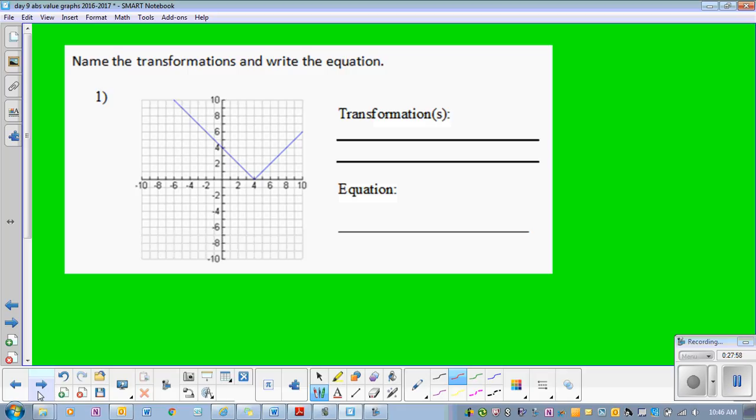Yeah. We said everything happened at 0, 0. And then it was like this, right? Okay. So now think about this, guys. How did it go from the parent function to this blue graph? How did it move? To the right 4.